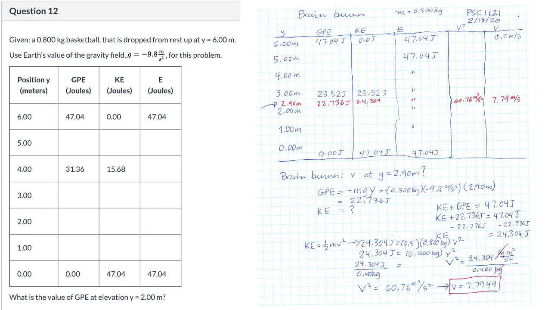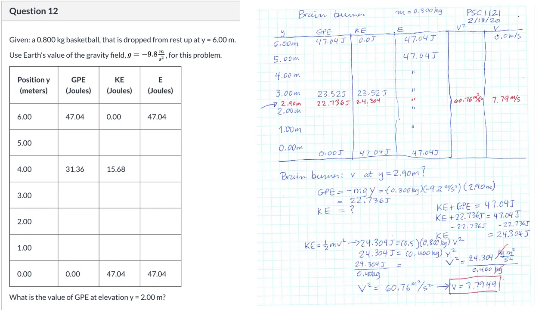All right, so let's do, okay, this is the Cinci one here. So I have 24.304 joules equals 0.400 kilograms times v squared. Okay, so that's just putting my 1/2 and my m together. Now I have to divide both sides.